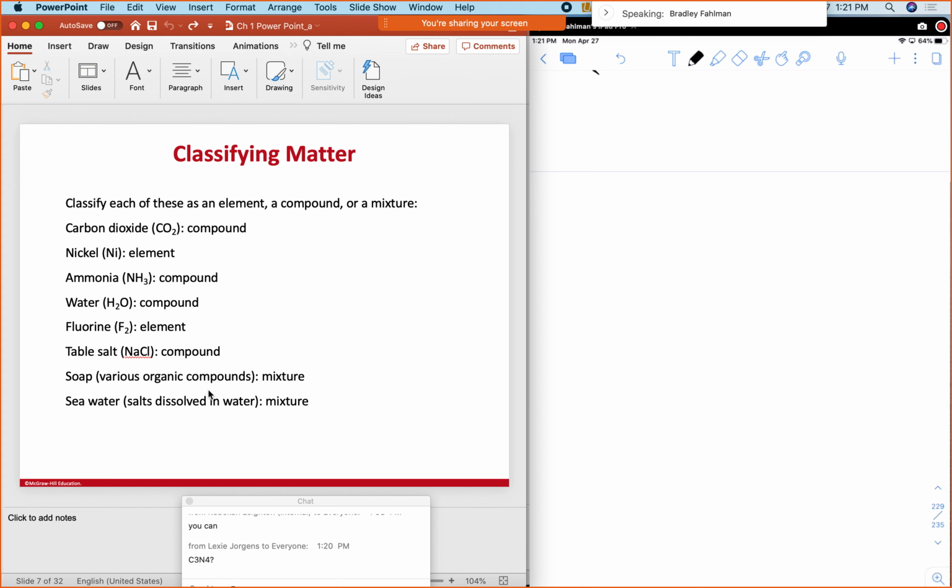And so there will probably be a couple of questions where I give you something and you have to say whether it's a mixture, compound, or element. It might even ask more specifically heterogeneous or homogeneous for mixtures.